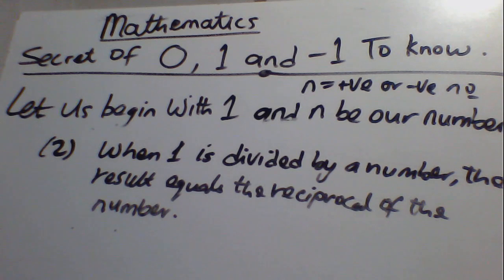So if you read the sentence, you will understand it. Dividing 1 by a number is equal to the reciprocal of the number.